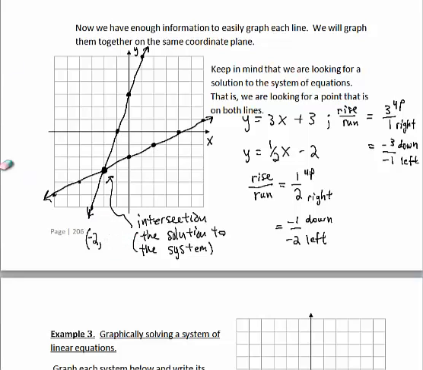It's kind of sloppy, so I'll rewrite it. If we were to take this ordered pair and enter those values in for x and y in either equation, then the left hand side would equal the right hand side. This ordered pair satisfies both equations. It's the solution to the system.